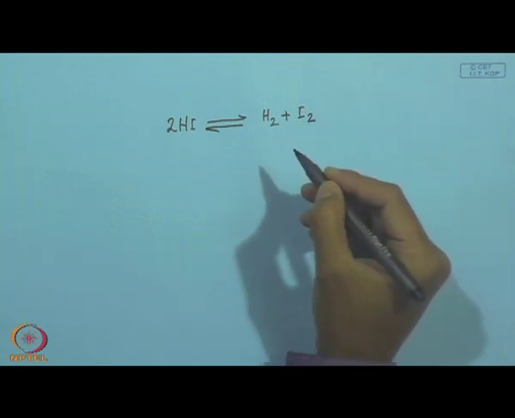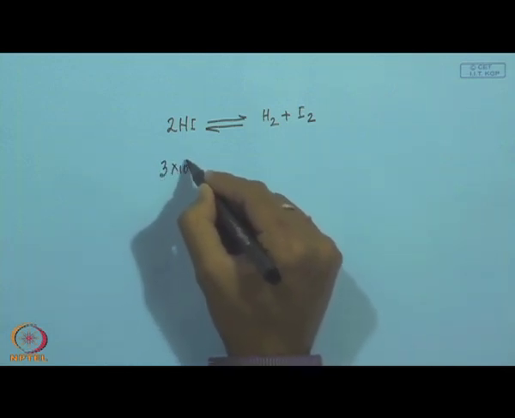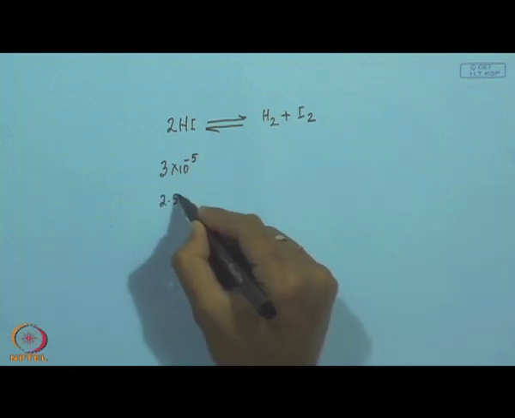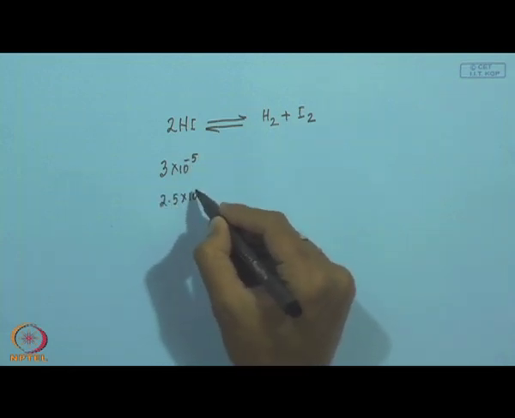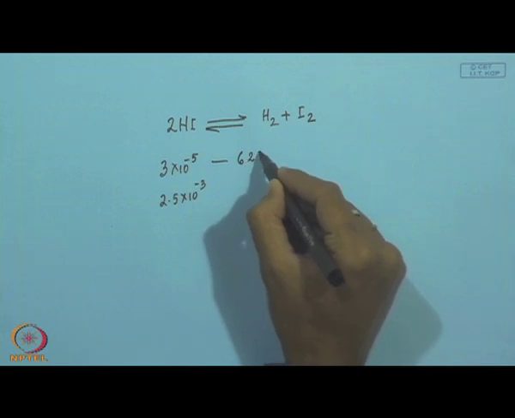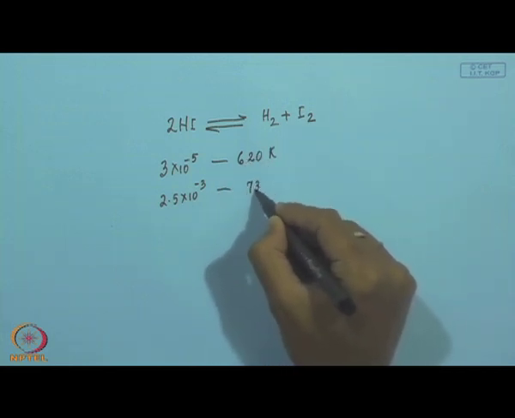The rate constants are given as 3 into 10 to the power minus 5 and 2.5 into 10 to the power of minus 3, so it is increasing. This is at 620 Kelvin and this is at 730 Kelvin.